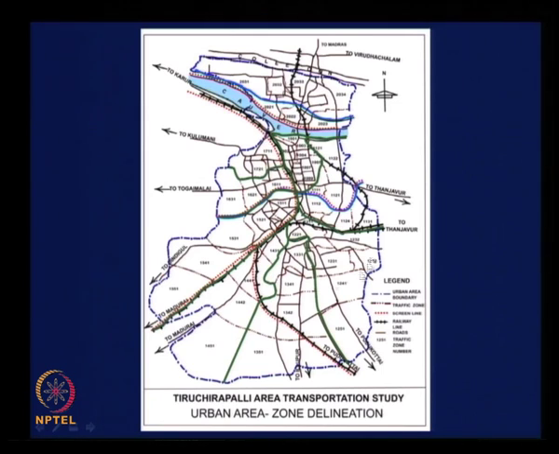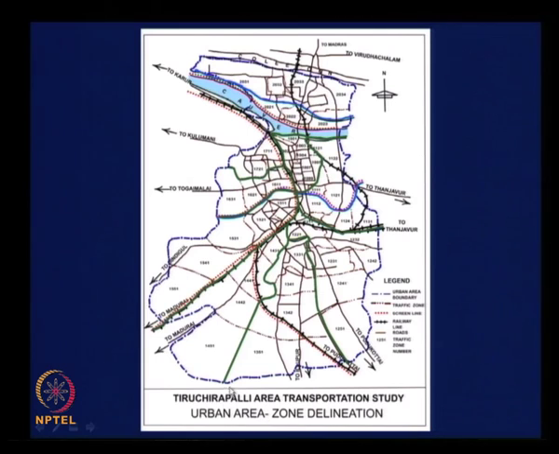And look at the green lines. What are these green lines? These green lines are sector boundaries. Actually the area enclosed by this green line and this one is one sector. Please note, in our earlier discussion we understood the sector boundaries to be either natural or man made barriers like railway lines, major roads, rivers and things like that.